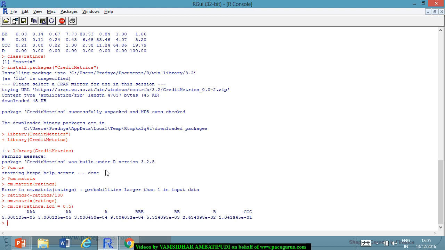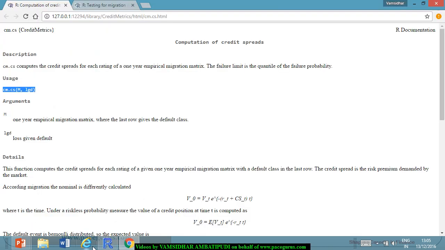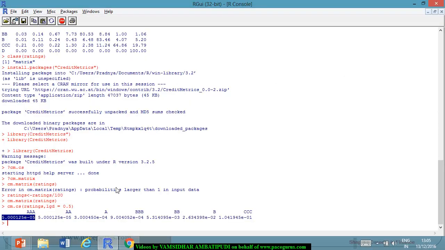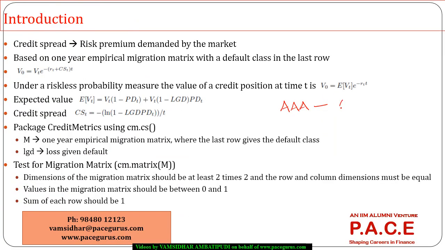Based on that, I get information that for a AAA rated security for 1 year, the credit spread that I am applying is 5 into 10 to the power of minus 5, like 0.00005, or 0.005% is the extra that I am charging.